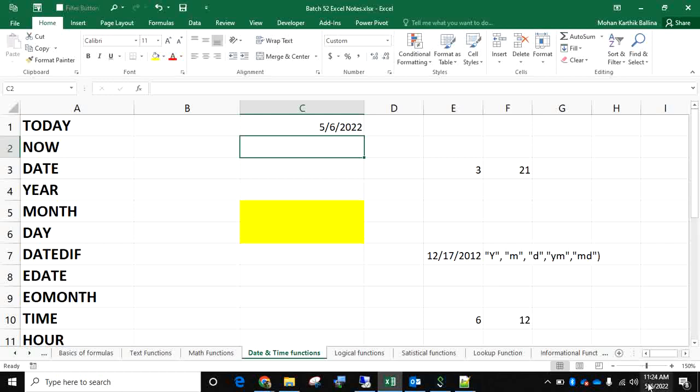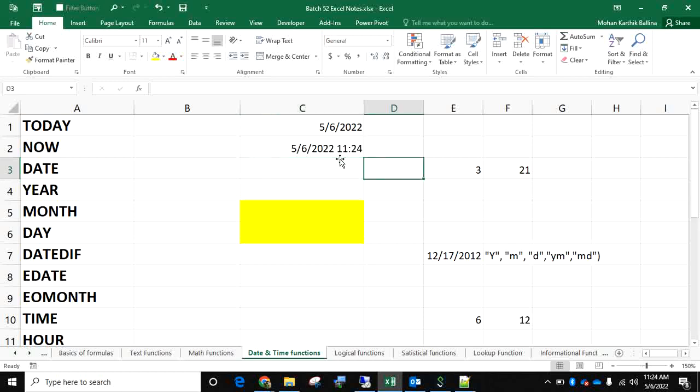Today's date means your system date, whatever date you have set in your system. Now gives date with time. Simple: if you want only the date, use TODAY; if you want date with time, use NOW.